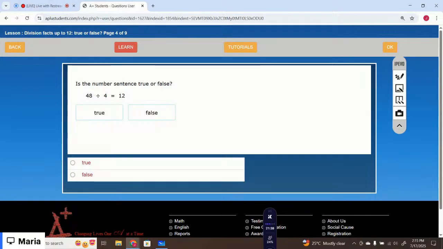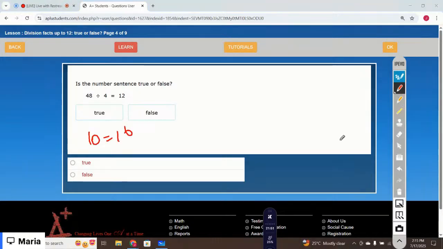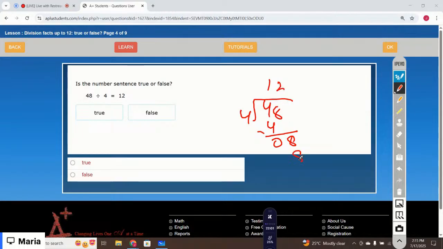Is the number sentence true or false? 48 divided by 4 is equal to 12. Let's just divide it by the 4. 4 times 1 is 4. 4 times 2 is 8.